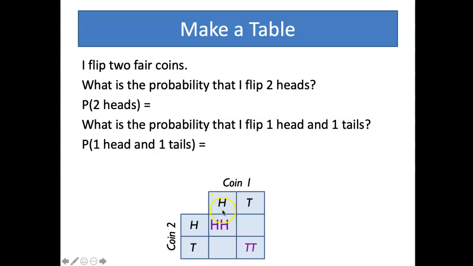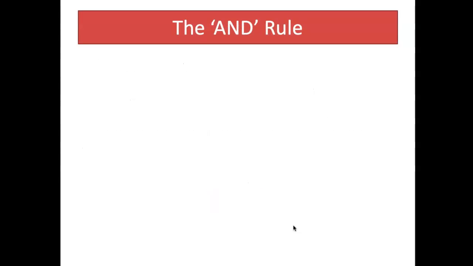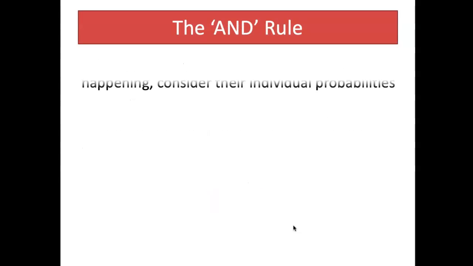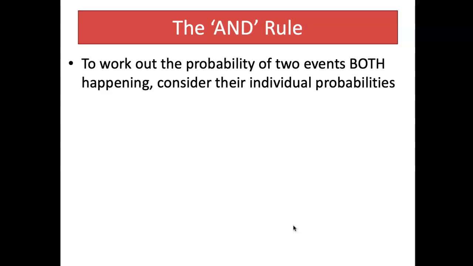Head and head, I'm just copying the one on top and on the side, and so here on this spot I will have a head and a tail, and then on this spot is tail and a head. I still have 4 possible outcomes, same as what we have in the previous slide. Okay, this is just another way. Okay, now talking about the probabilities.